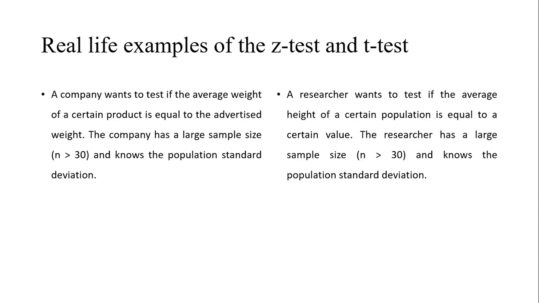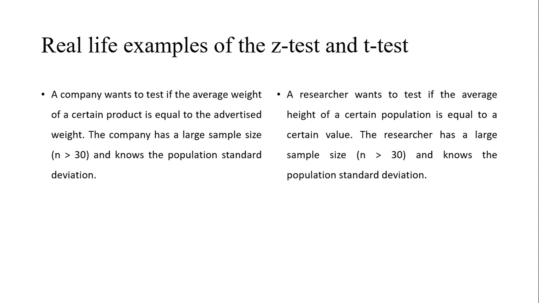There are some real life examples that we can provide. Suppose that a company wants to test if the average weight of a certain product is equal to the advertised weight. The company has a sample size greater than 30 and knows the population standard deviation. In this case, the company will use a Z test.